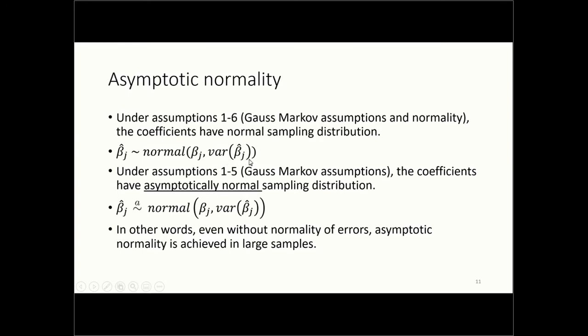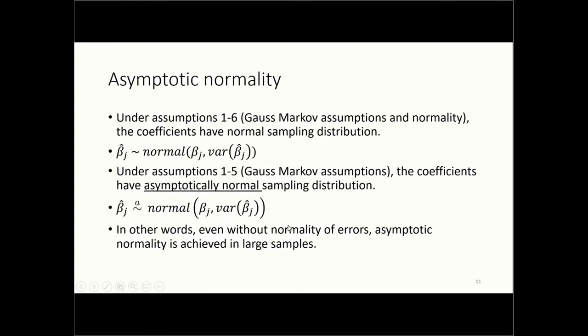So now what we can have is that under assumptions 1 through 5, only the Gauss-Markov assumptions, so if we don't include the assumption of normality as it's here above, the coefficients will have asymptotically normal sampling distributions. So in other words, beta hat j would be asymptotically, that's what this A means here, distributed normally with a mean of beta j and the variance of beta hat j.